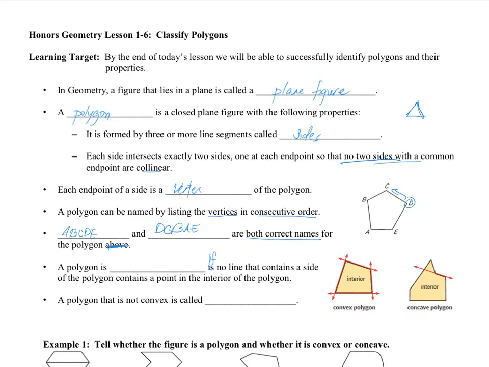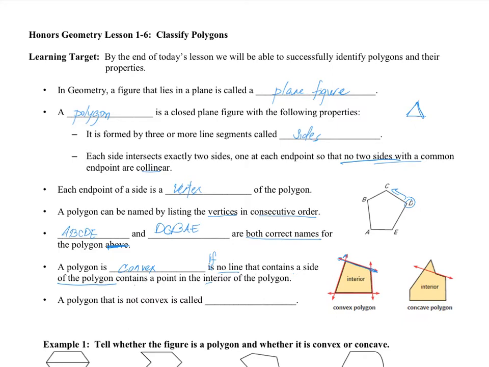A polygon is considered convex if no line that contains a side of the polygon contains a point in the interior of the polygon.